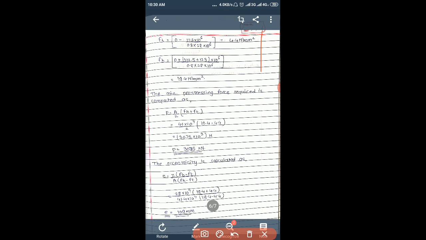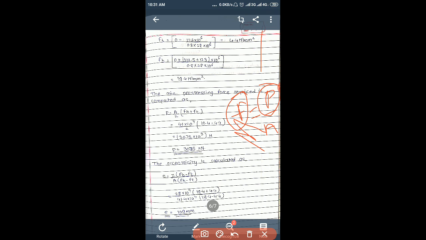Now how do we calculate the force? It is stress into area. So we know the stress is equal to P divided by A. We don't know what P is, so we multiply F into A. And F, that is stress here, is the average of FB plus FT divided by 2.